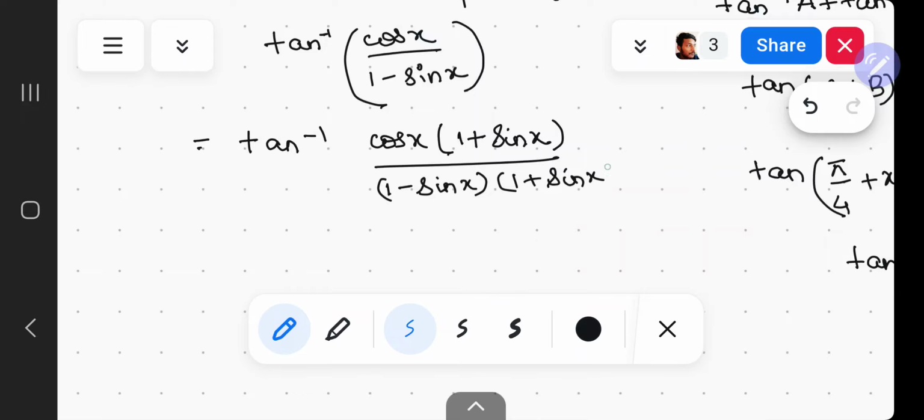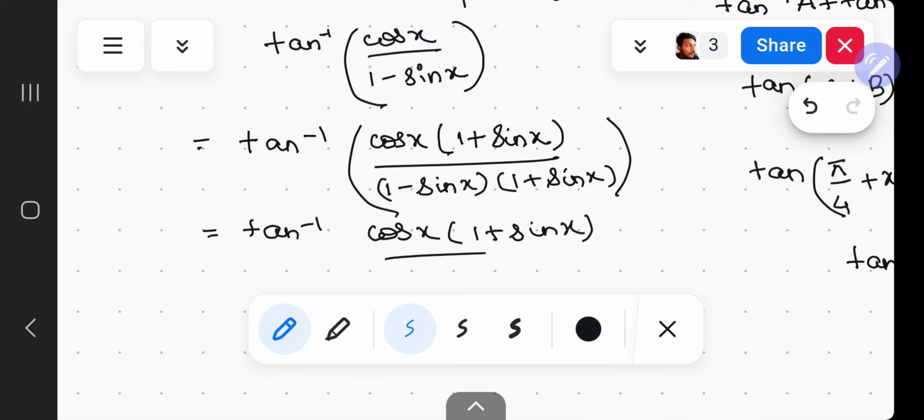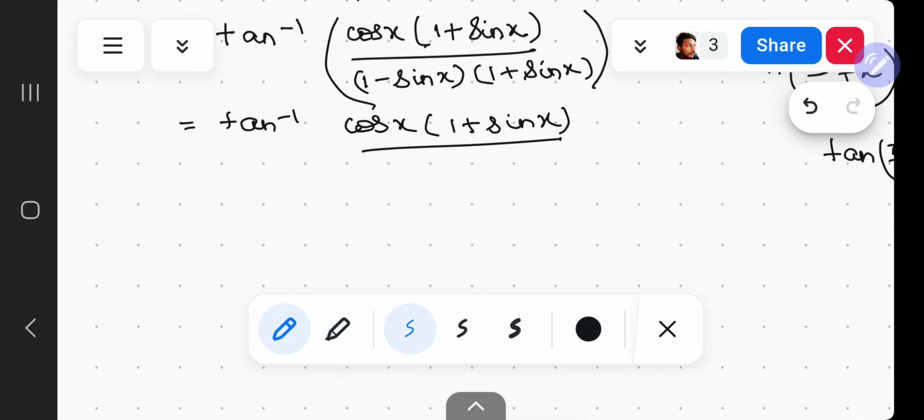So I have multiplied the numerator and denominator with 1 plus sin x. So why are we doing that? You'll see. That's 1 plus sin x over, in the denominator we will be having 1 minus sin square x, that will be a square minus b square.